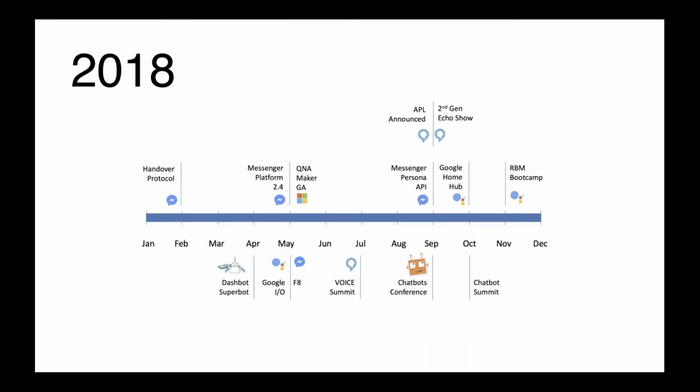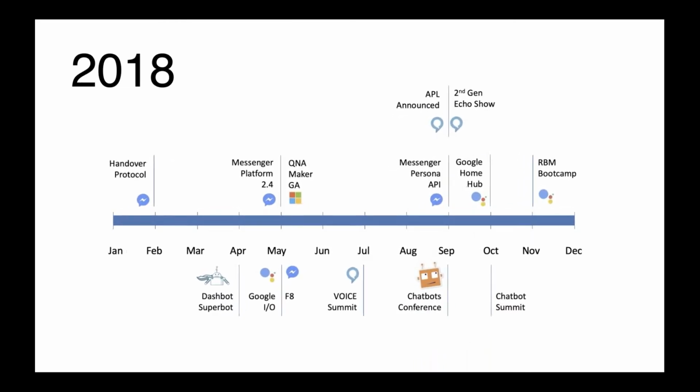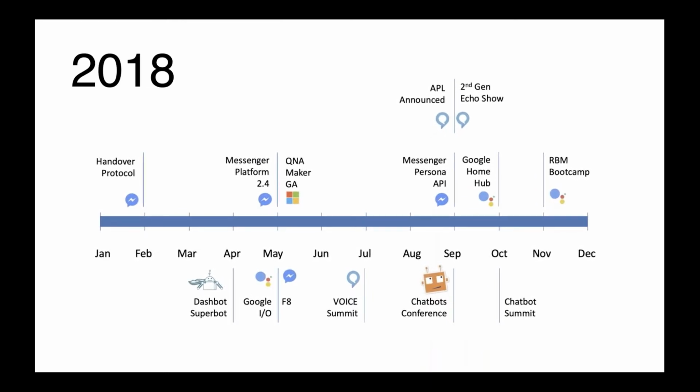So looking back, 2018 was a big year for conversational AI with platform advances, community events, and new products. Our focus today is on designing conversations, and we'll start by taking a look back at our 2018 toolkit. So in 2018, text and messenger style interactions were still state of the art.